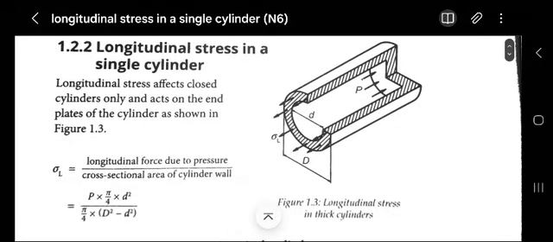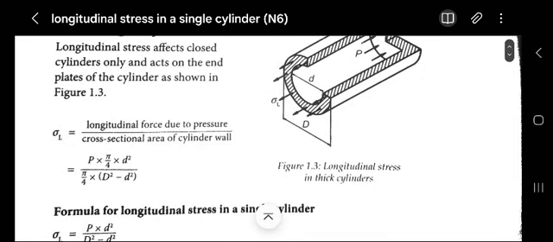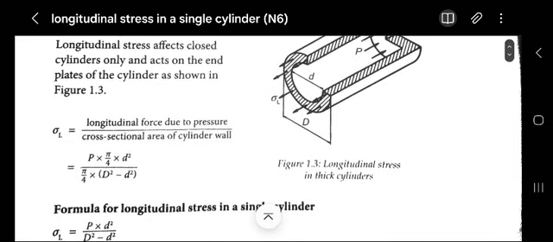For the recap, I want us to focus here: longitudinal stress in thick cylinders. This is a single cylinder given. Longitudinal stress affects closed cylinders only.